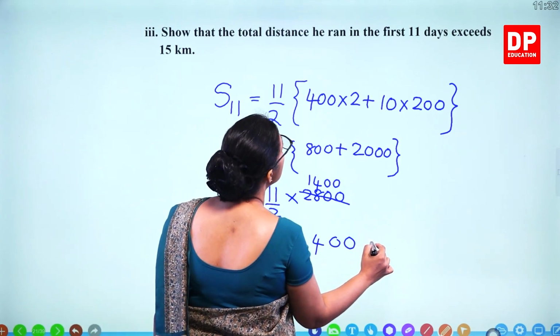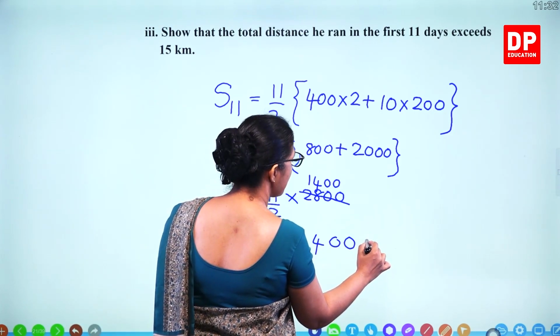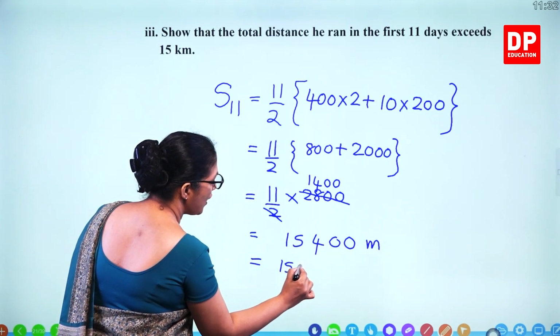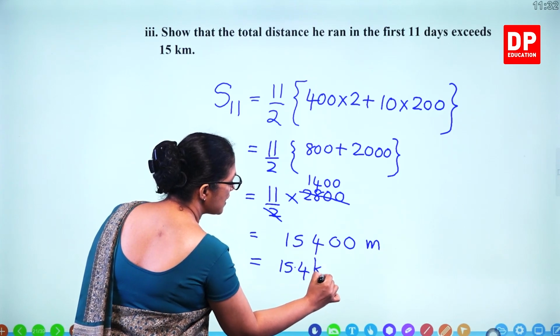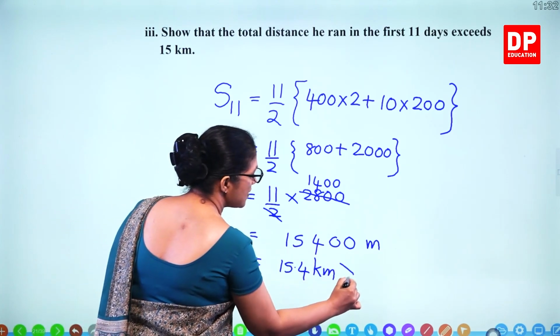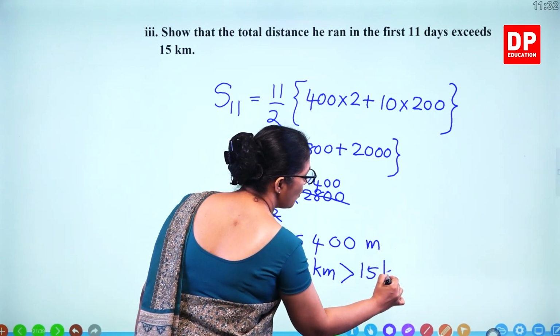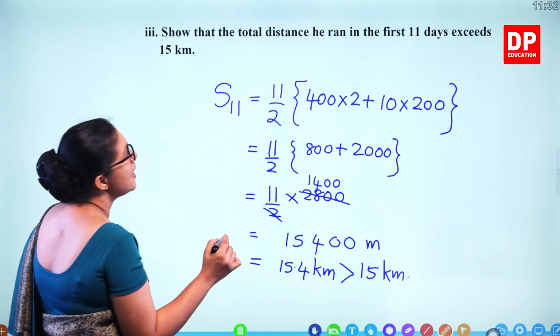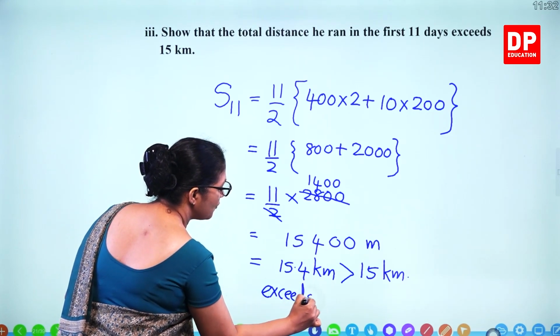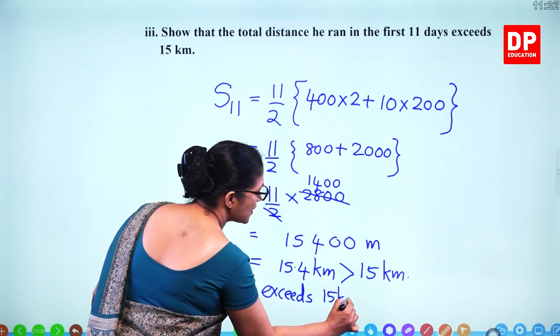So this is in meters, divide by 1000, that means 15.4 kilometers. So that's greater than 15 kilometers. So we can say it exceeds 15 kilometers.